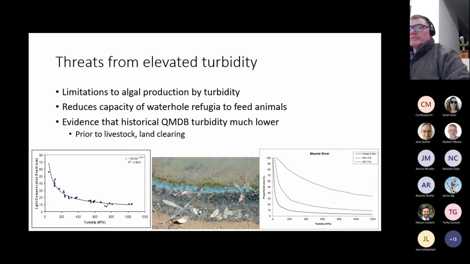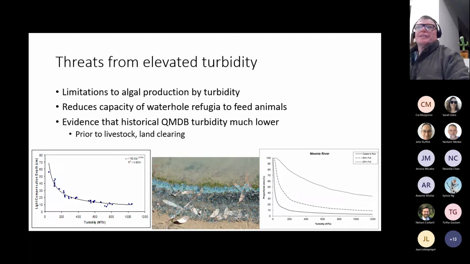There's no good, concise historical data on turbidity for these rivers, but there's plenty of anecdotal evidence, for example, from reading the descriptions of these rivers from the first European explorers who went through, that they were much less turbid than they are today, and also that they were much more productive in terms of fish biomass that they supported than they are today.